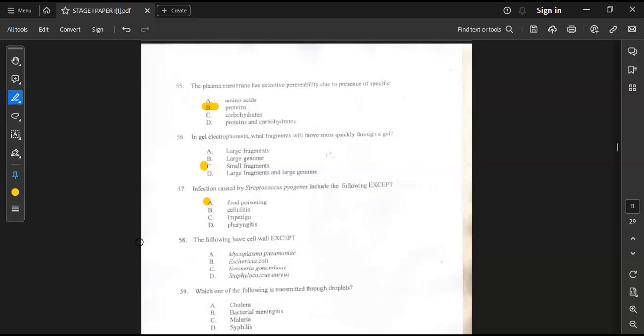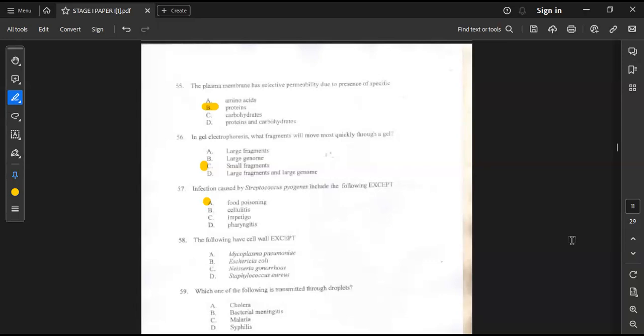Do you want to remind us about anything special about Streptococcus pyogenes? It's a gram positive cocci.